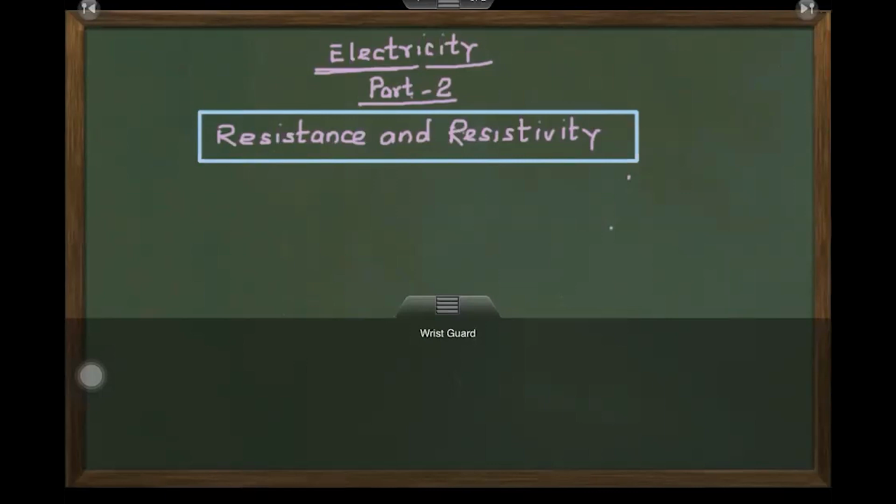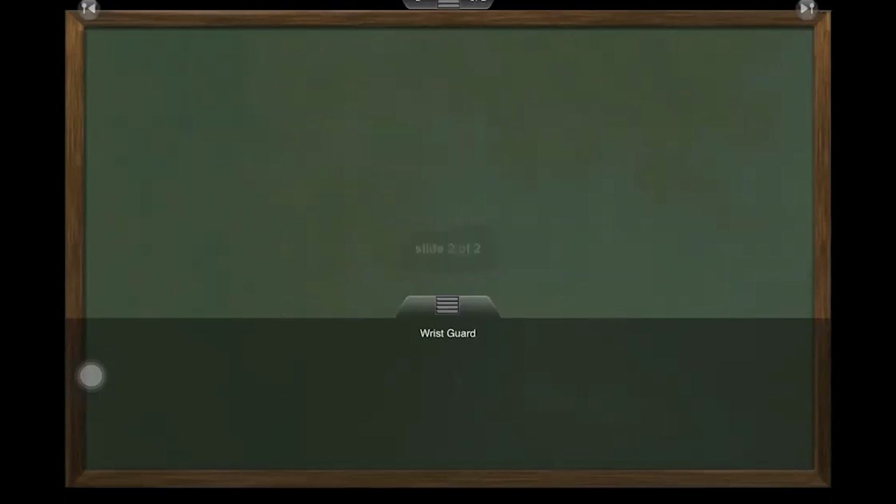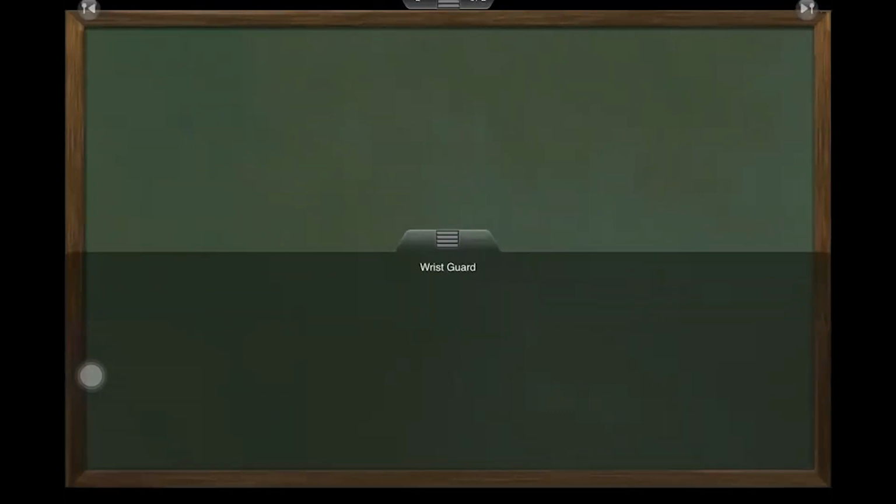Before this session, we had another session last day, where the Ohm's law and so many things were discussed. So let us go through a recapitulation.